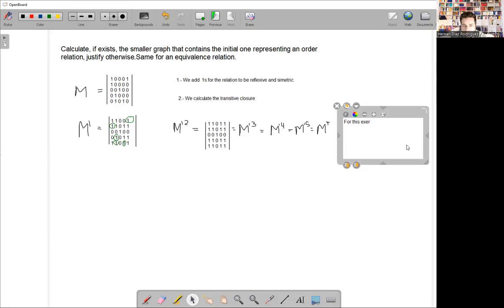For this exercise, if we calculate 5 matrices, we realize that we obtain the same result.